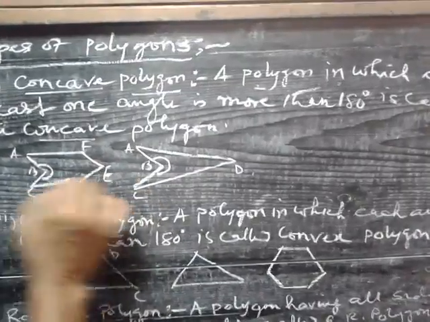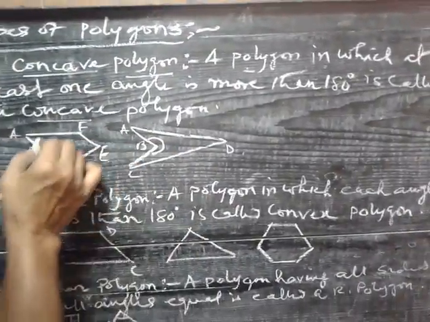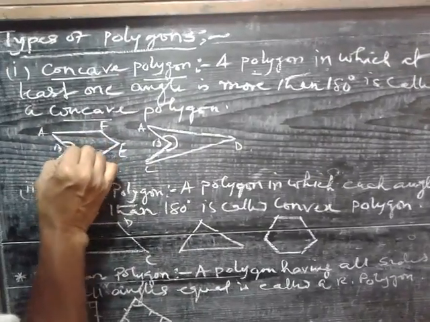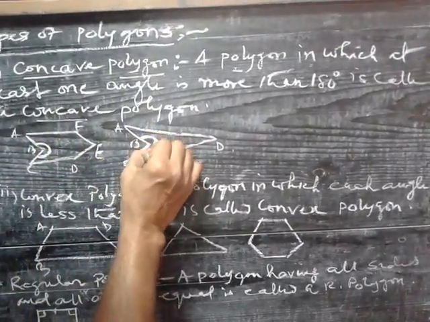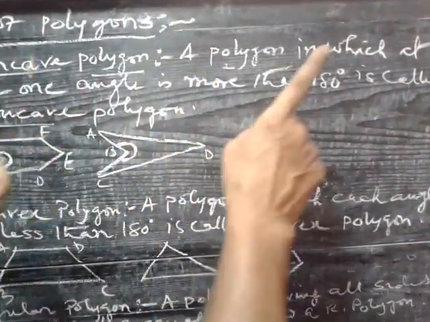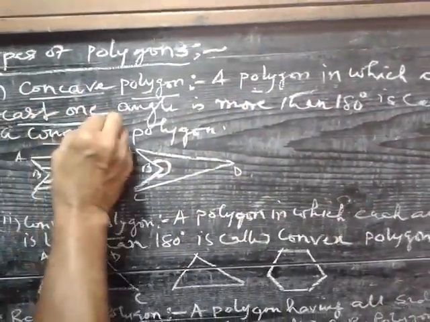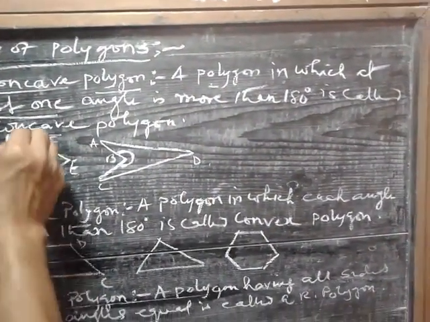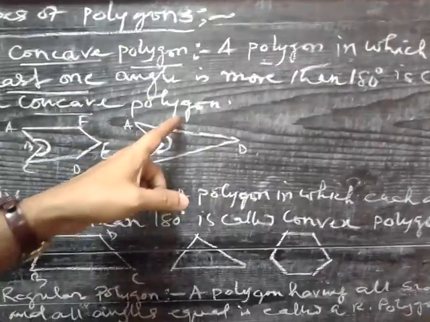These are closed figures with line segments, and this is an angle over here and this is an angle over here, more than 180 degrees. Those types of polygons are called concave polygons.